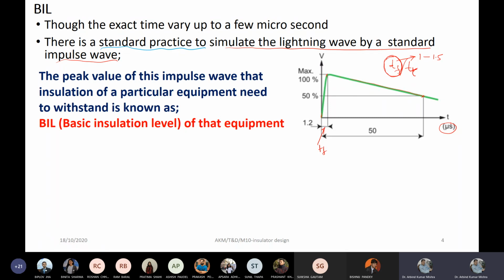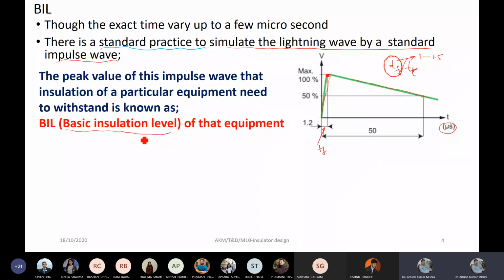Then, where were we when we left it? We discussed that the peak value of such a standard wave, which any insulator must withstand, we call the basic insulation level.